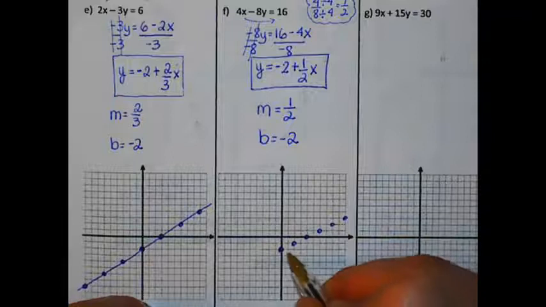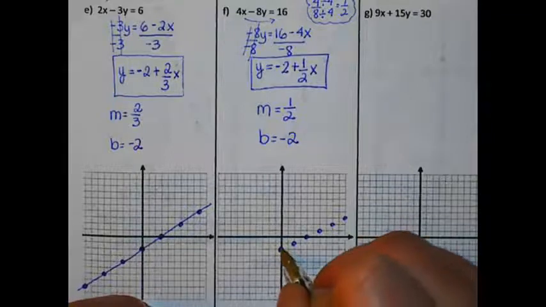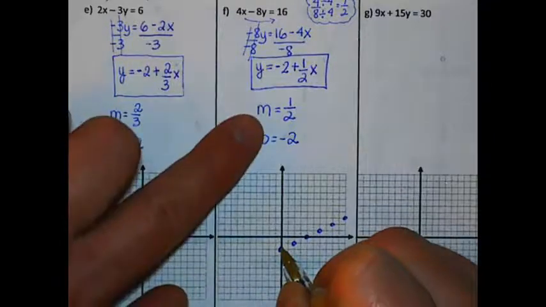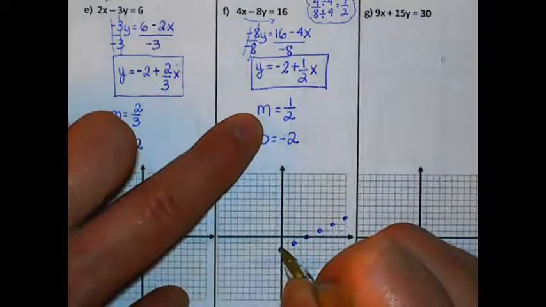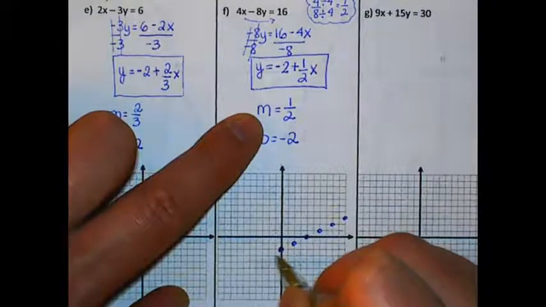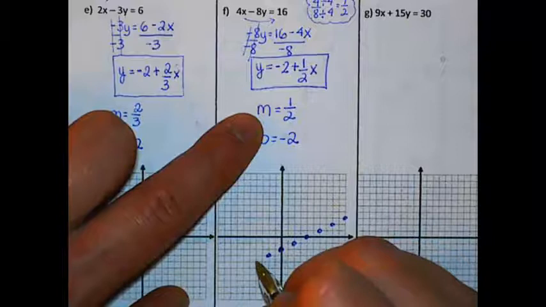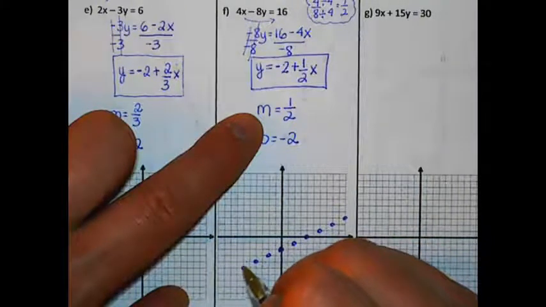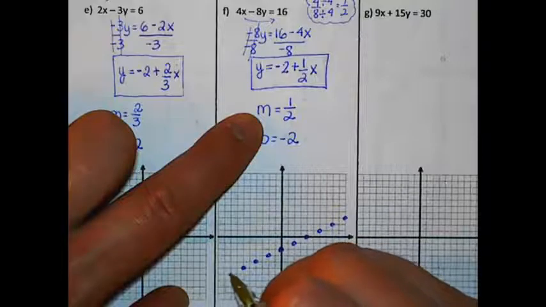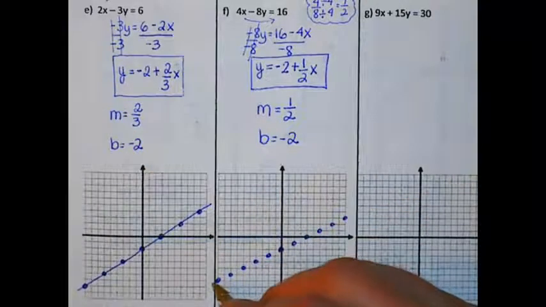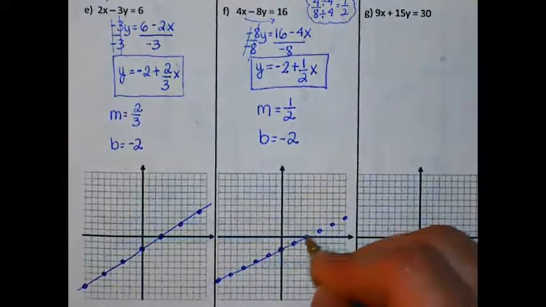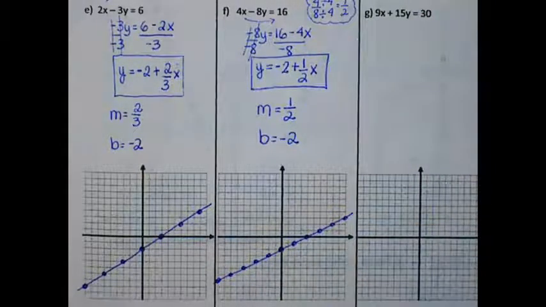Once we've done that, we return to the starting point, and we go the opposite way that the slope is telling us to go, which is down 1 over 2 to the other side, down 1 over 2, down 1 over 2, all the way until we finish the left side. Once that's done, connect the points, and that's your line. Okay.